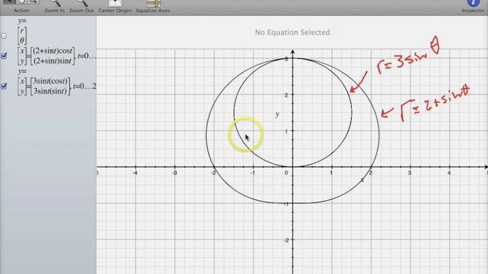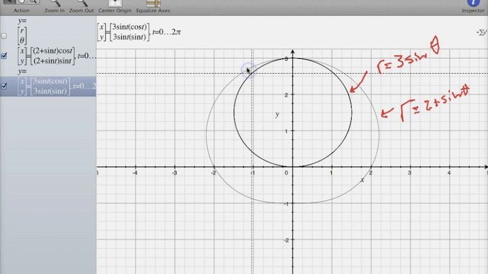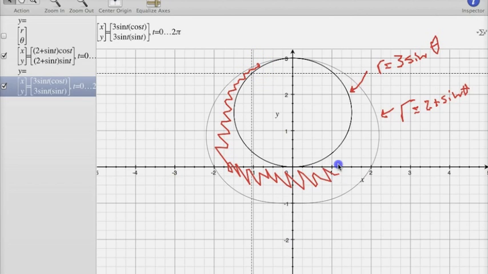Alright, so here is the graph of these two curves, and the inside circle is r equals 3 sine theta, and the outside curve is r equals 2 plus sine theta. And so what our question is asking us is to find the area between the two curves. So this area right there.